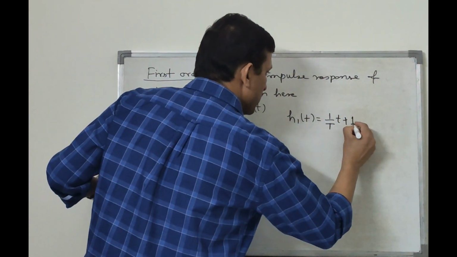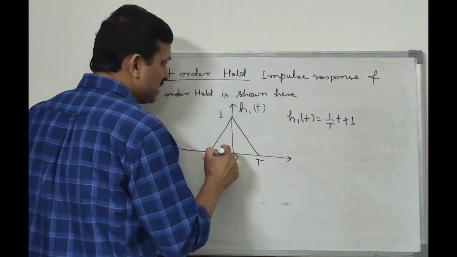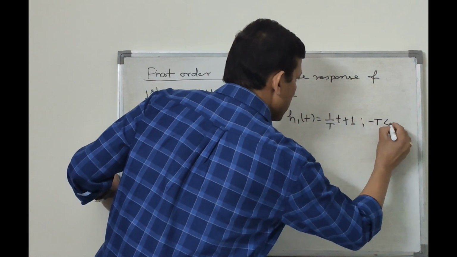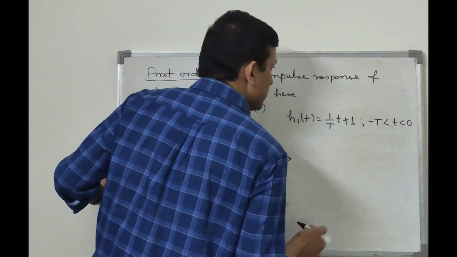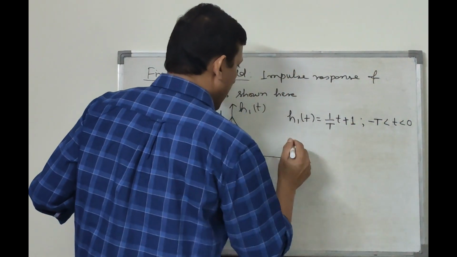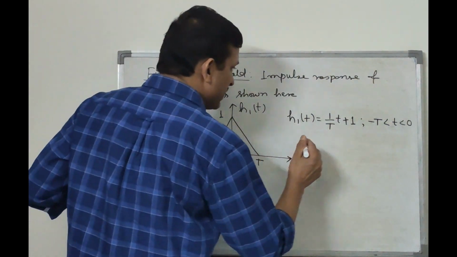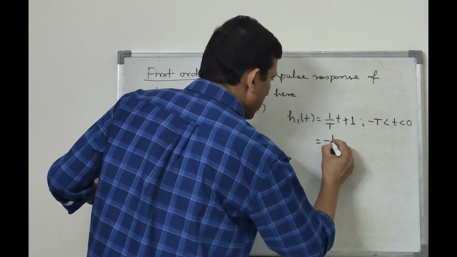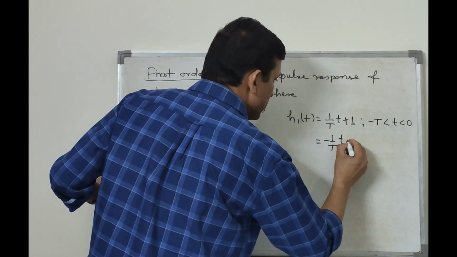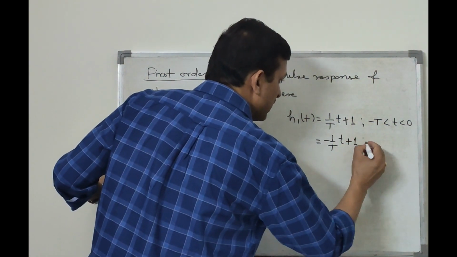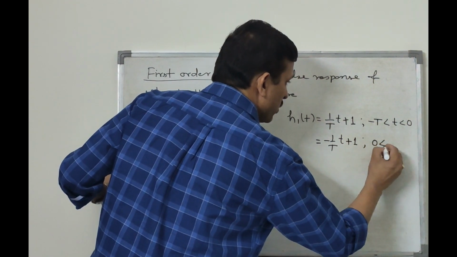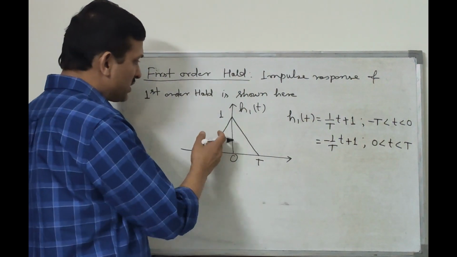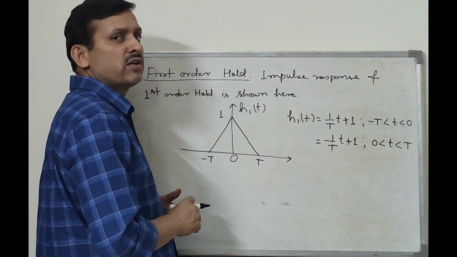So this is the equation for this interval. For the other interval it has a negative slope, so it is minus 1 upon T times t plus intercept 1 again, from 0 to capital T. So here we have defined the impulse response of first order hold.